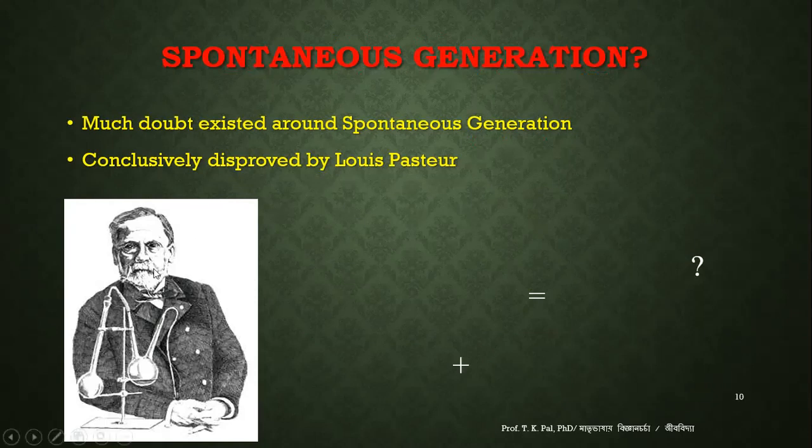Louis Pasteur, you know, Pasteur Institute, a very big institute. Pasteur also specialized in the biological field. If you find some mouse in your almirah, then one question arises: how did the mouse come into your almirah?